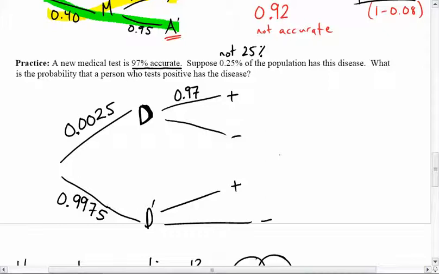If you don't have the disease, then you should be testing negative. So if you test negative, that one is accurate. So that means that the negative test for diseased people would be 3%. The positive test for non-diseased people would be 3%.